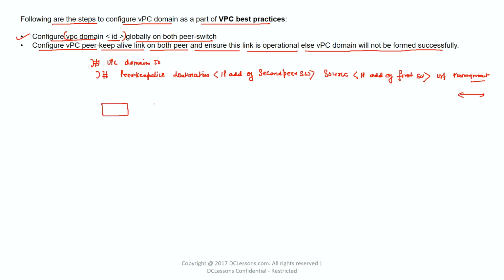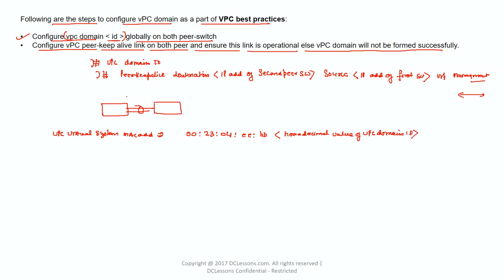So if you have VPC domain ID 10 on both peers, a VPC system will create a virtual system MAC address, and the format will be like 0023.04EE.BB, followed by the hexadecimal value of the VPC domain ID.